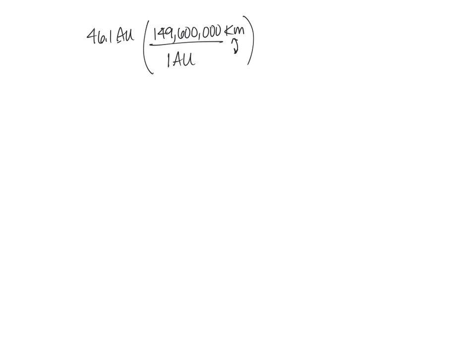And what it does is it allows us to change our units, and now our new units will be kilometers. So we just take the 46.1 times the 149,600,000, and that's going to give me the distance in kilometers. And that turns out to be 6.896 times 10 to the 9 kilometers. So that's the distance to our object in kilometers.